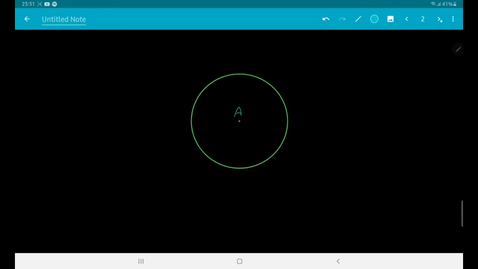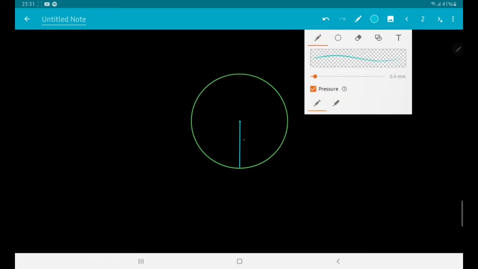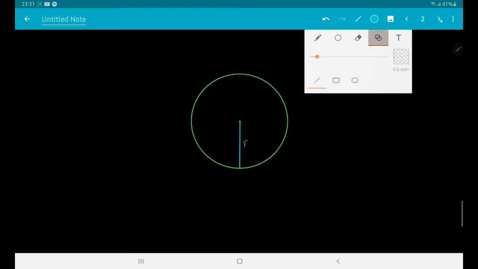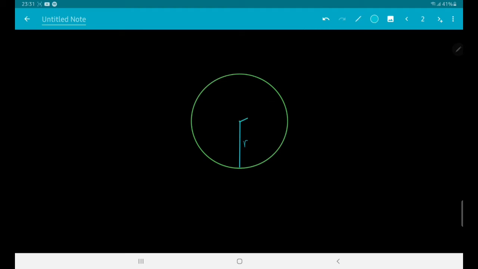The distance between this center and any point on the circle in any direction, we call the radius of the circle. So this is the radius of circle A, and it's R. The same distance in this direction is also a radius of this circle, and it has the same length as the first one.